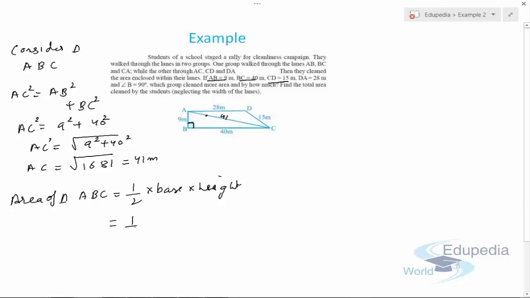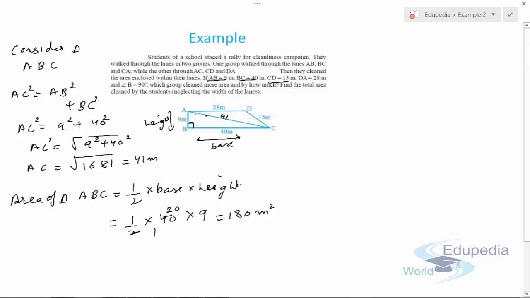So it will be 1/2 into base, which we can take as 40, and this can be the height, into 9. So it will come out to be 180 meters square, right? This is the area of triangle ABC, or we can say one part of the students' area.